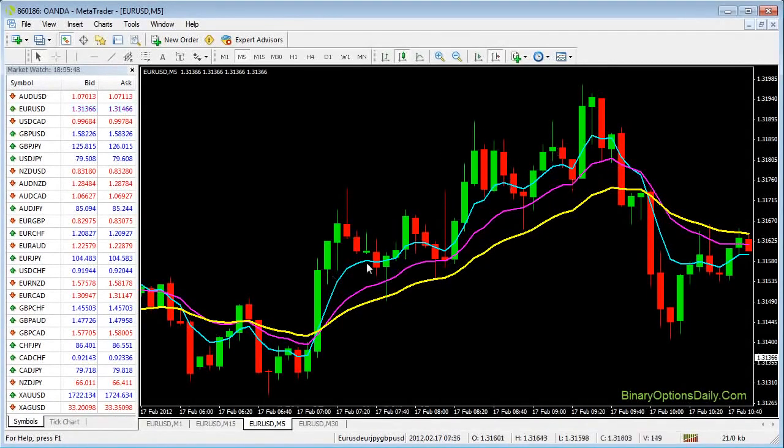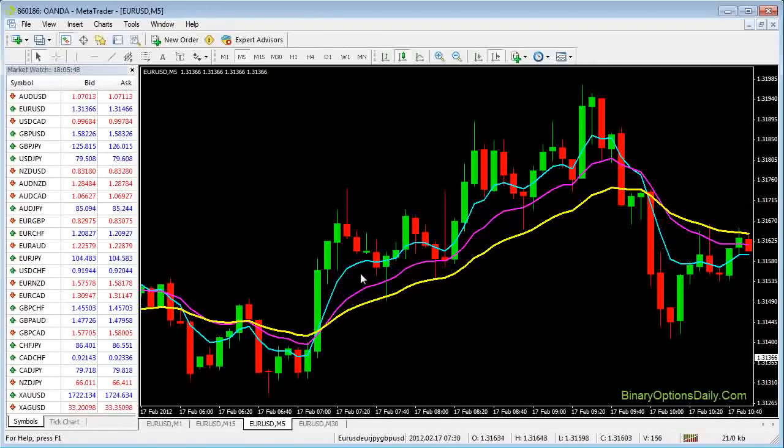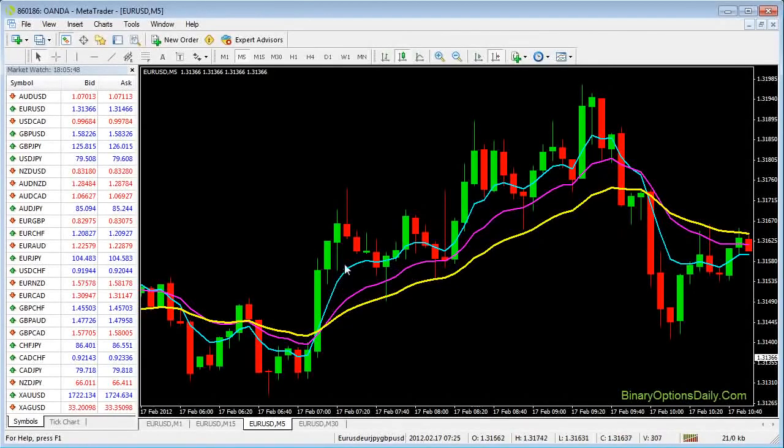You can think of these as trend lines as well. Our 26-period moving average is essentially what I believe to be our static line. So when we've got the 26 right here, and the two moving averages above our 26-period moving average, with the 6-period being on top of the 14, I believe we're in an upward trend.